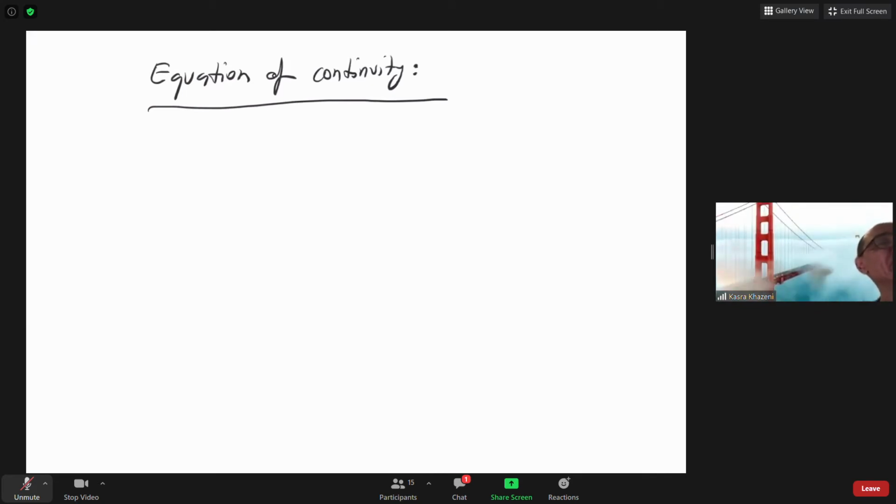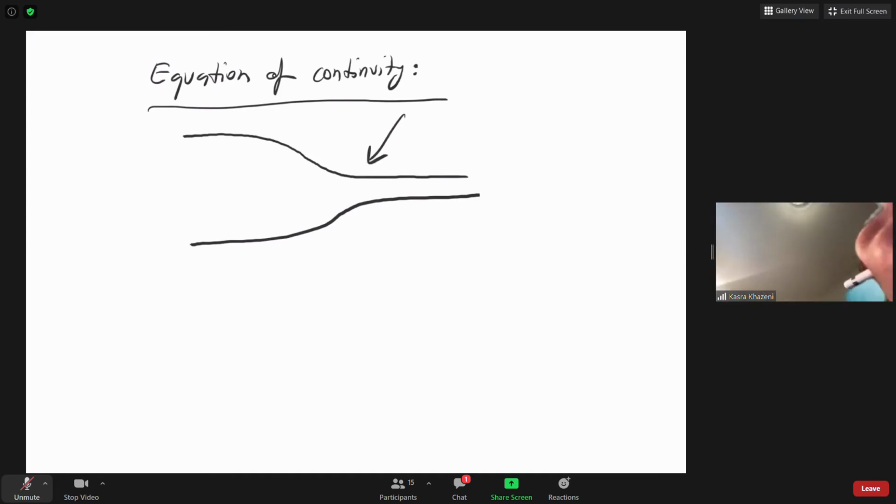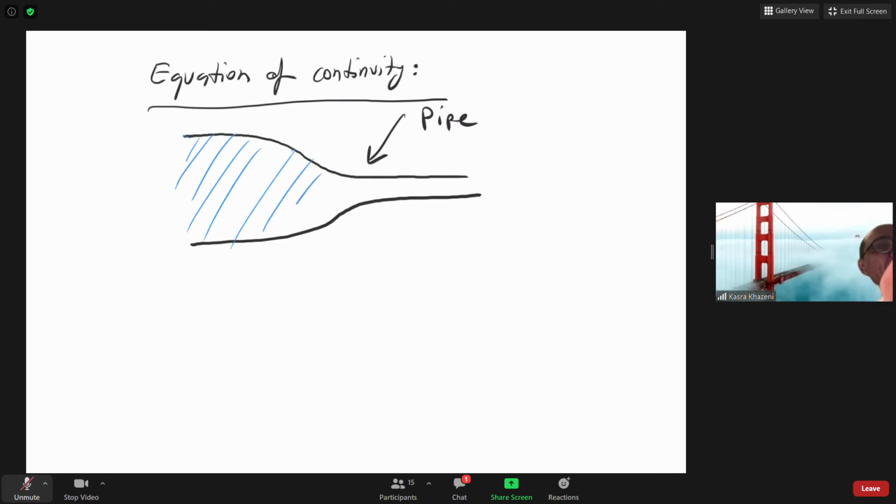Suppose you have some pipe of some sort. This is some pipe, and suppose there's a fluid that's moving in this pipe. The fluid is moving to the right. And as you can see, this pipe changes its cross-section area.